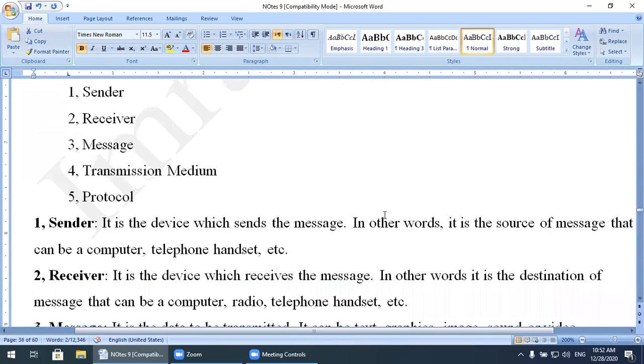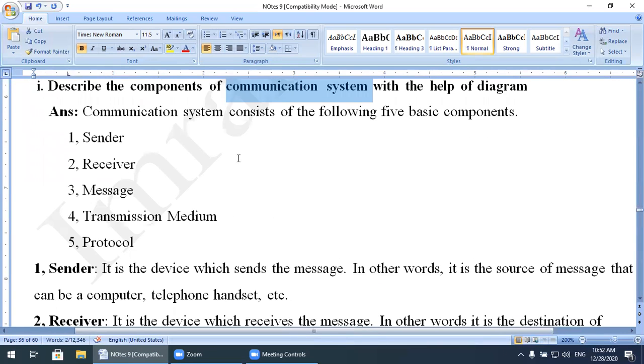Now I'm going to discuss that this communication system consists of the following five basic components. Number one, sender, as I showed you in the diagram. Number two, receiver. The sender sends the data and the receiver accepts the data. Number three is message.